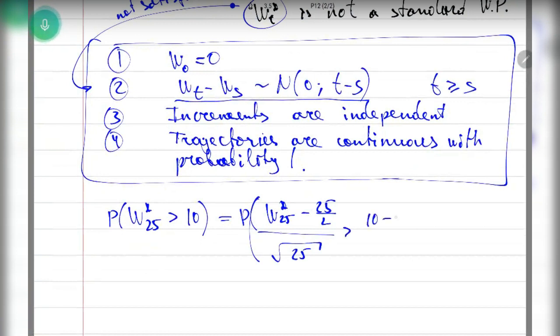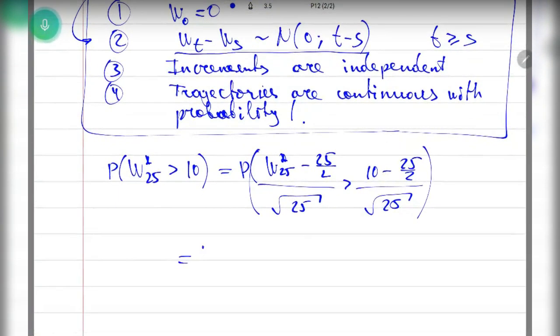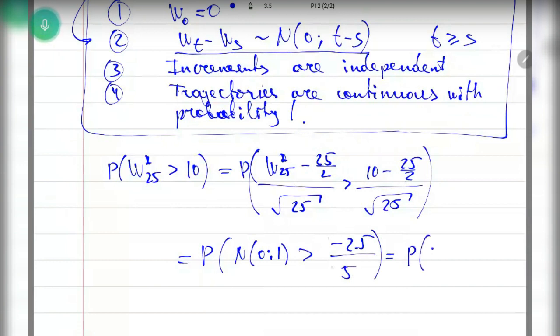I will get 10 minus 25 over 2, divided by the square root of variance. So the standard normal variable is bigger than 10 minus 12.5, which is minus 2.5, over 5, that's the probability that a standard normal variable will be bigger than minus 1 over 2.